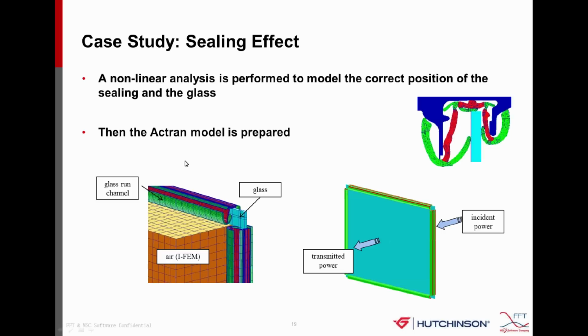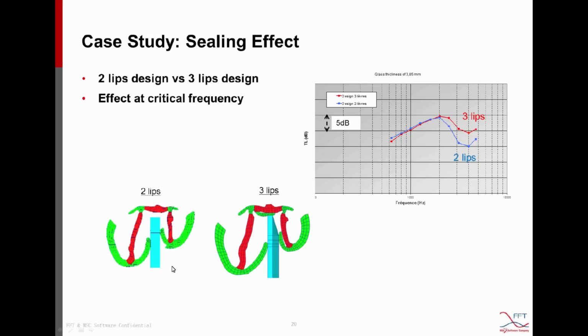And then in a second step we used Actran to model the acoustic transmission through the window while taking the sealing design into account. So we see results obtained with two sealing designs.